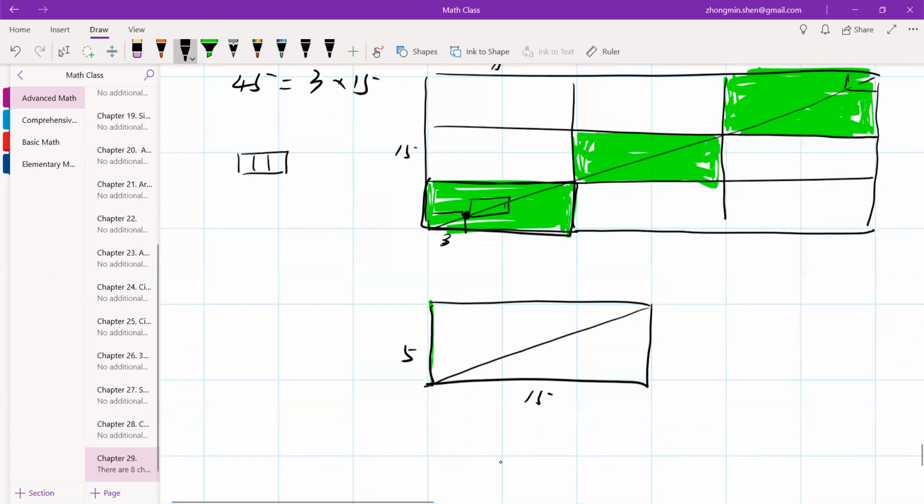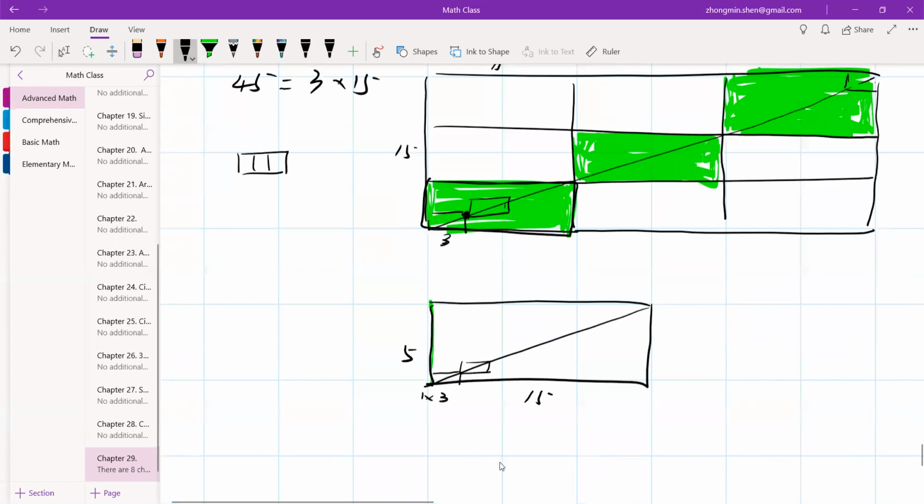But you can use those 1 by 3, 1 by 3, 1 by 3 tiles. So you can see how many you need: 15 divided by 3, you have 5 1-by-3s. So actually it's easy to count now.